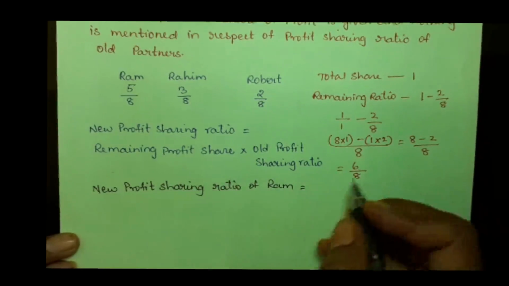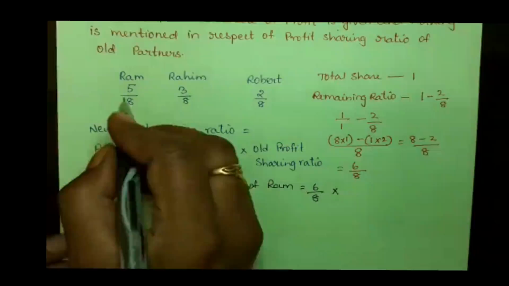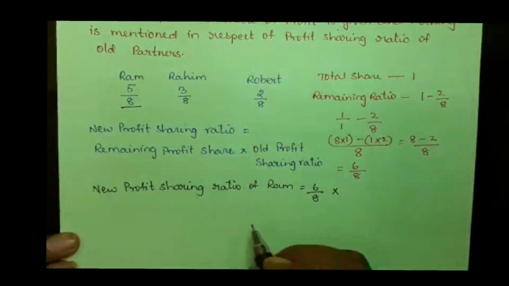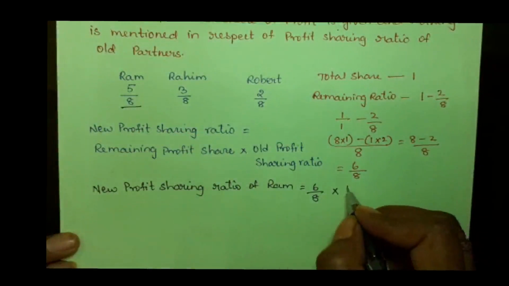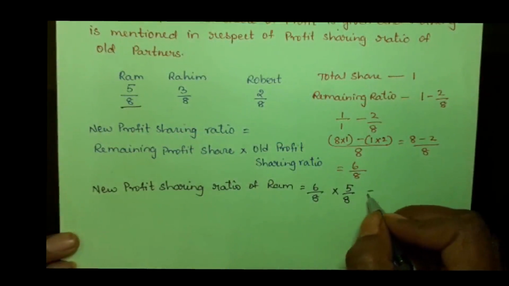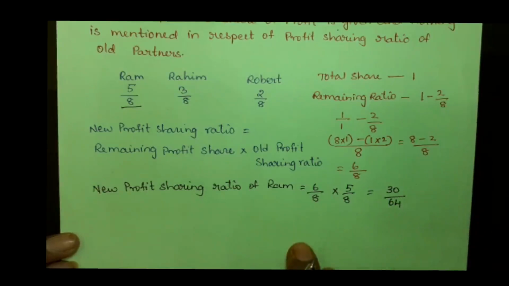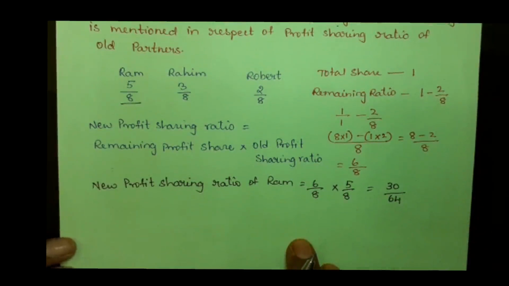The remaining ratio is how much? 6 by 8 into what is his old profit sharing ratio? His old profit sharing ratio is 5 by 8. 6 by 8 into 5 by 8. So 6 5s are how much? 30. 8 8s are 64. So 30 by 64 is the new profit sharing ratio of Ram.